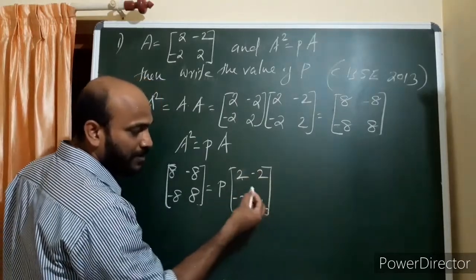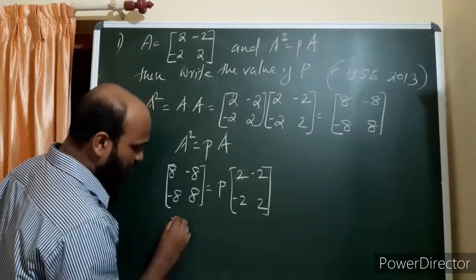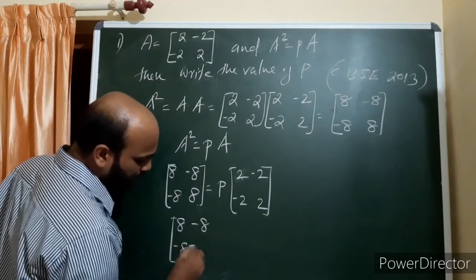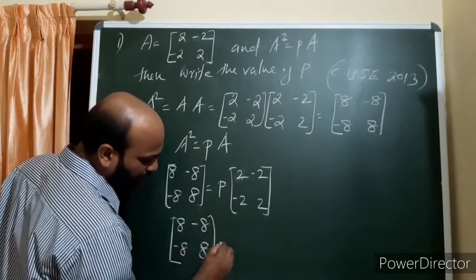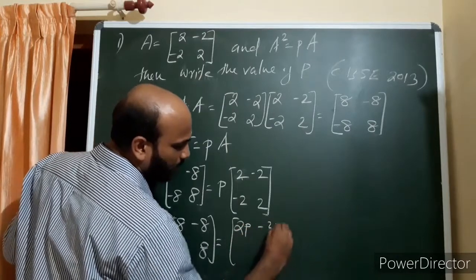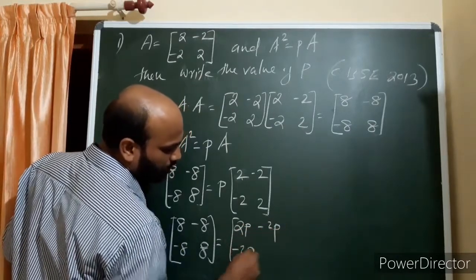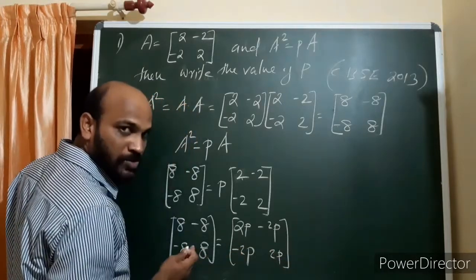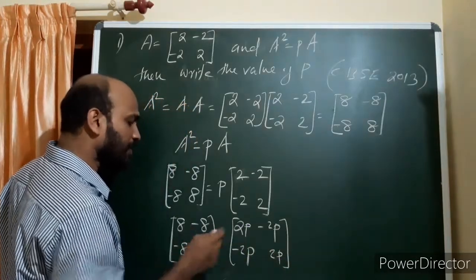Now we can multiply this matrix by this constant. So the left hand side will be the same matrix [8, -8; -8, 8] equal to [2P, -2P; -2P, 2P].